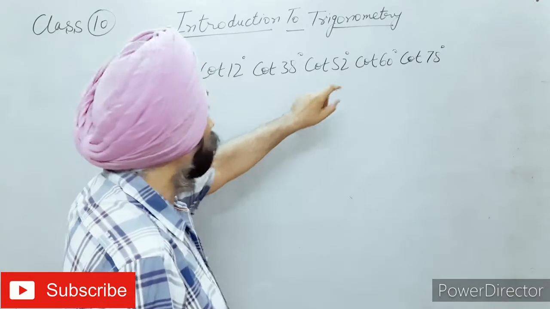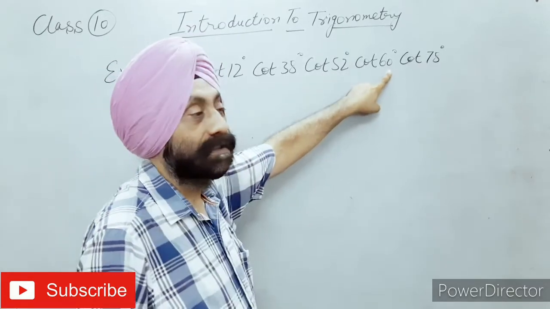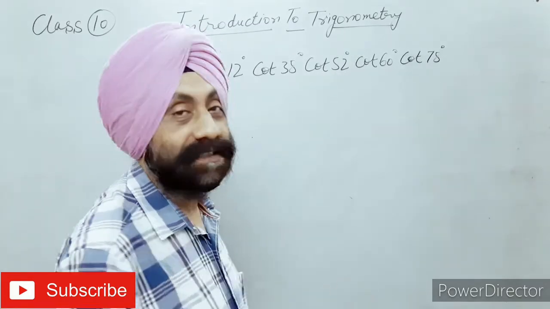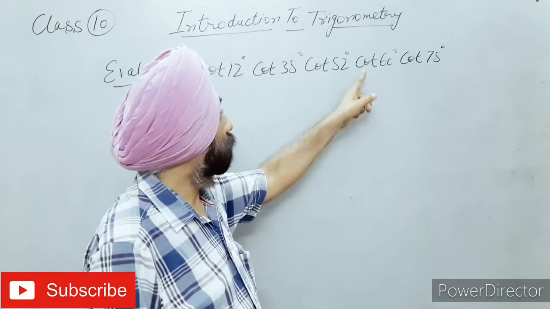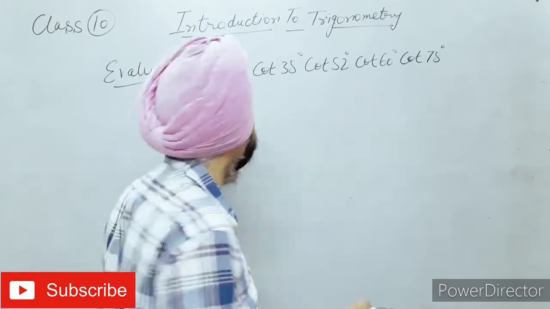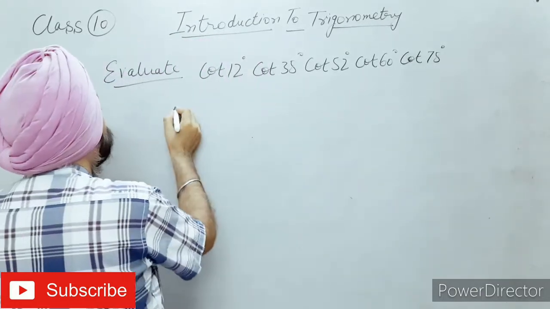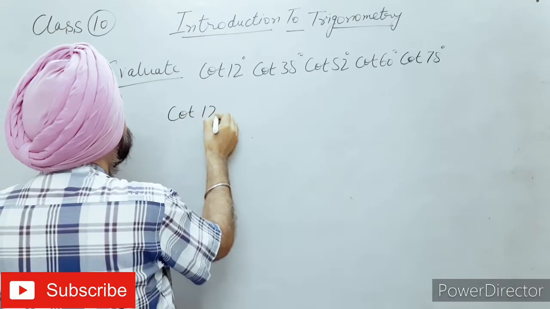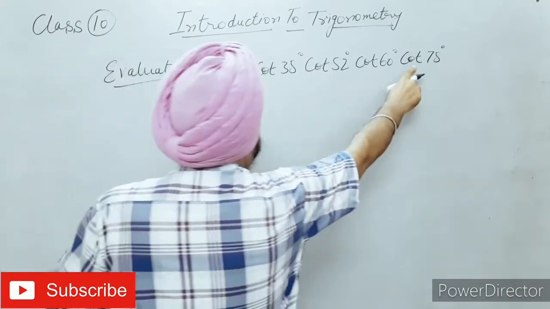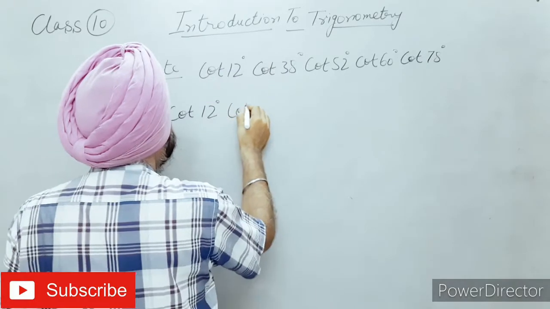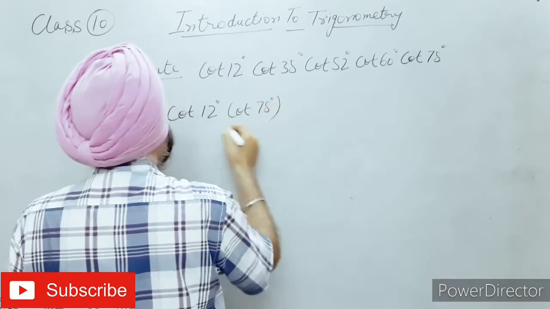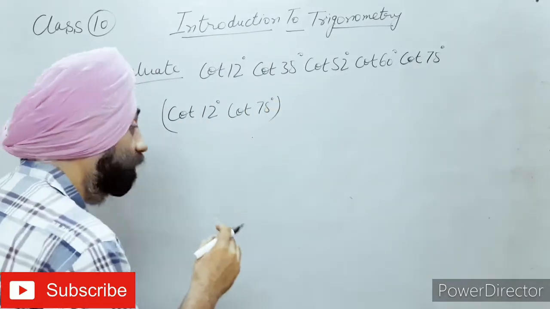Now what we can do is just fill the value of cot 60 because tan 60 is root 3, so cot 60 will be 1 by root 3, and group these, cot 12 multiplied by cot 78. This I have done intentionally. Why?